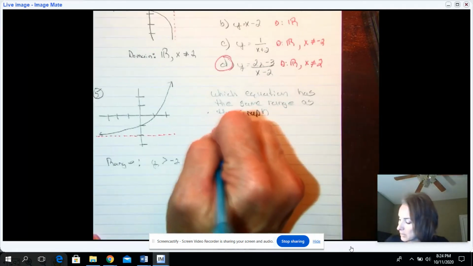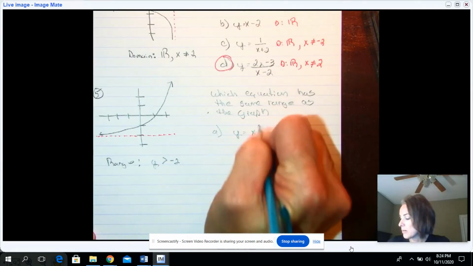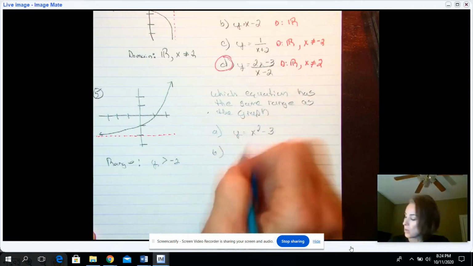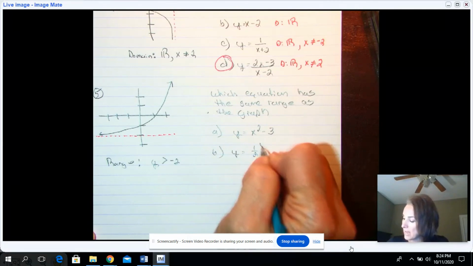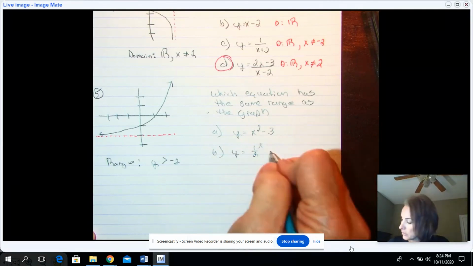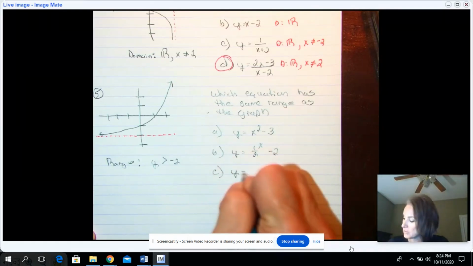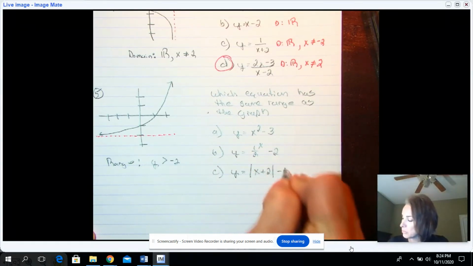So we can do the same thing here. A is y equals x squared minus 3, B is y equals (1/2) to the power of x minus 2, and C is y equals the absolute value of x plus 2, minus 1.